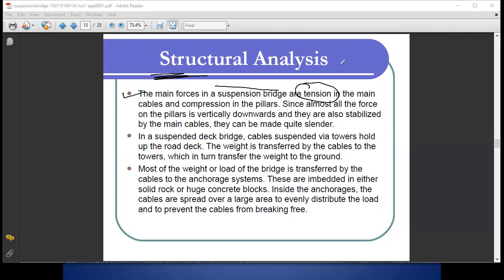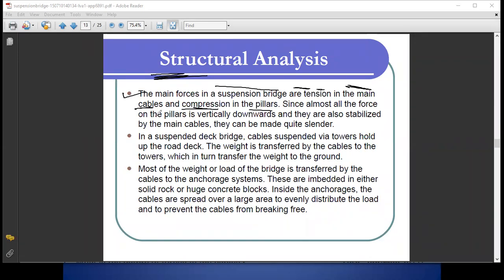So the main force in the suspension bridge is the tension in the main cables and compression in the pillar, because the pillar or vertical element, called the pylon or the tower, acts like a column. A column is nothing but a compression member.